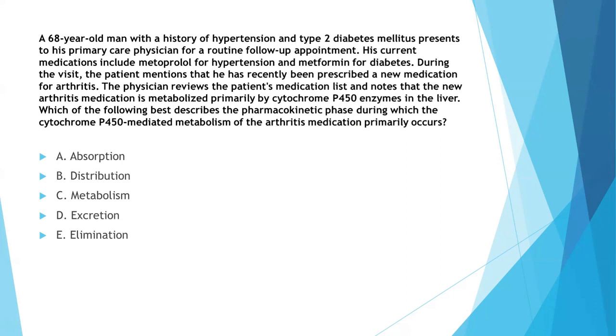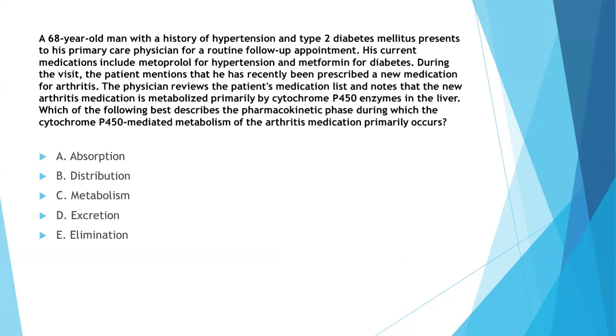During the visit, the patient mentions that he has recently been prescribed a new medication for arthritis. The physician reviews the patient's medication list and notes that the new arthritis medication is metabolized primarily by cytochrome P450 enzymes in the liver. Now, which of the following best describes the pharmacokinetic phase during which the cytochrome P450 mediated metabolism of the arthritis medication primarily occurs?